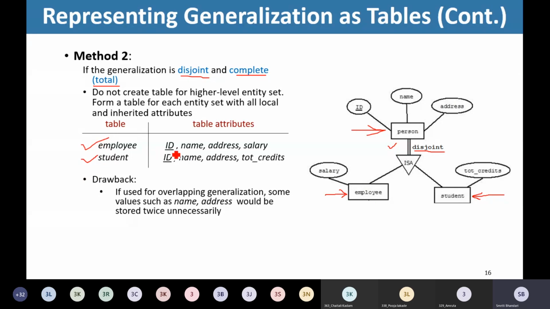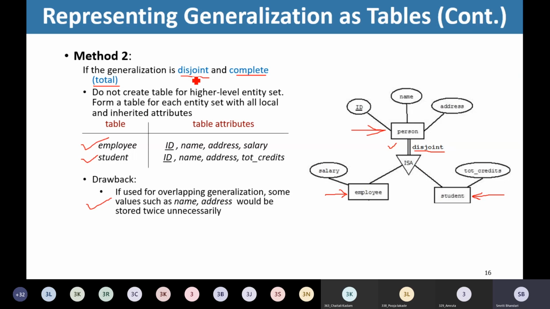Then the same ID or the same person will appear in the employee table and also in the student table. So obviously the name and address of the person I am repeatedly storing in both tables. So there is redundant information that I am storing. If I use such a design with overlapping generalization, I may face this drawback of storing redundant information.